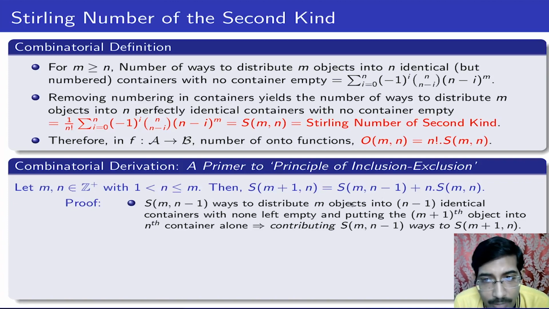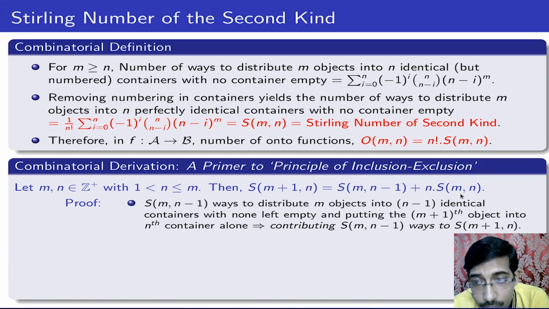So it will make all the n containers non-empty, and the number of ways it contributes is just S(m, n minus 1), because it will be putting m objects into identical n minus 1 containers and the m plus 1th object always into the last container.